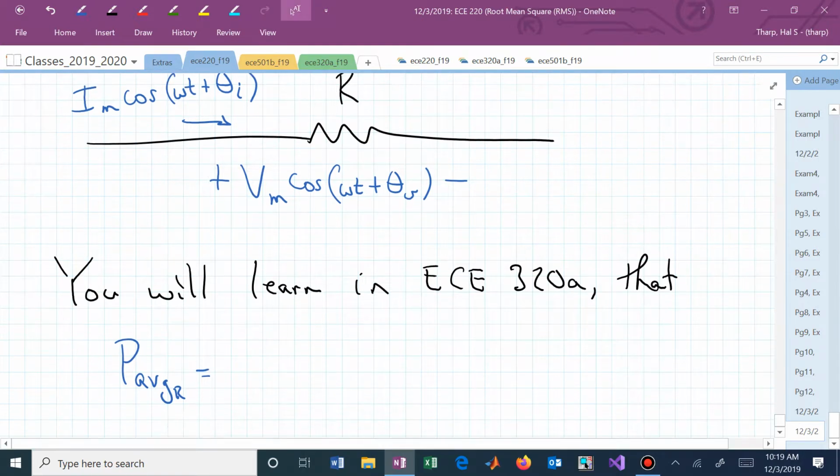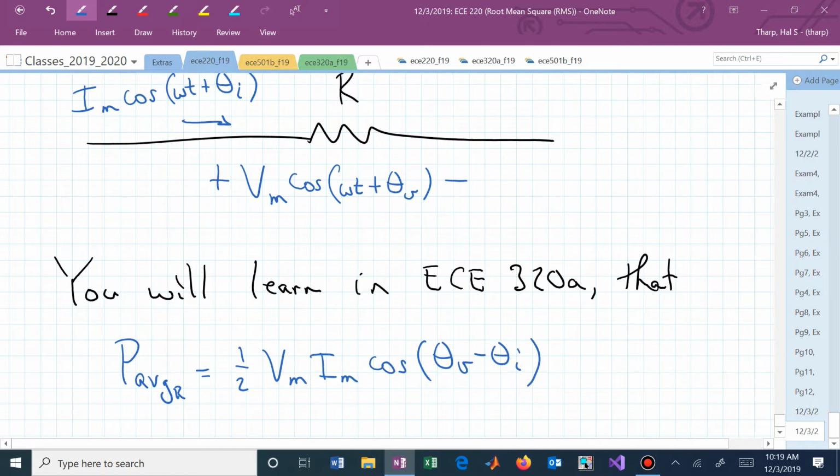We now have the average power of that resistor is 1/2 Vm Im cosine of the angle between the voltage and the current, theta sub V minus theta sub I.